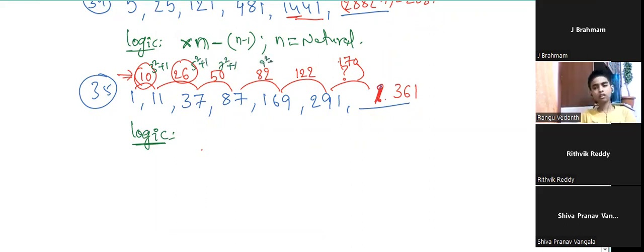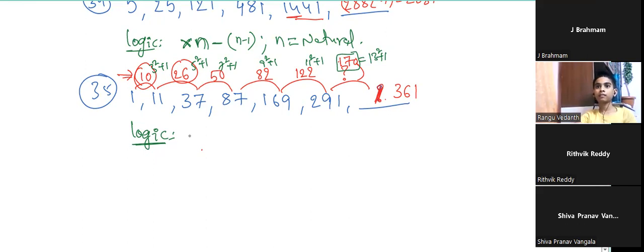This is 9 square plus 1. 11 square plus 1. So based on these, we can say this should be 13 square plus 1, which is 170. 170 is the last difference we have to add. So if you add that 170 to 291, we'll get the answer, that is 361.